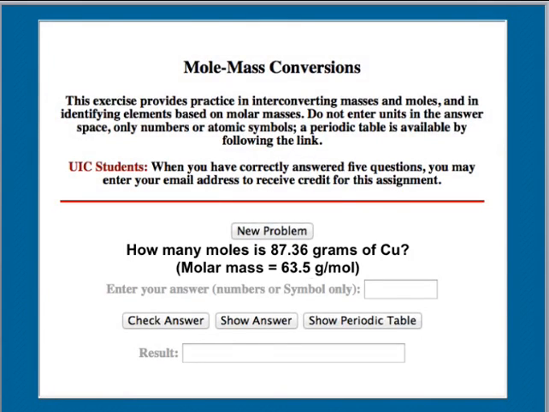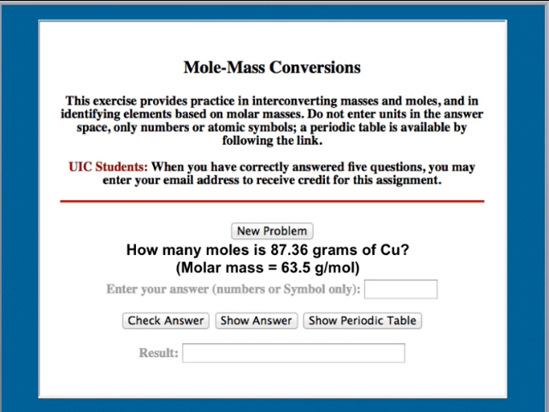This is the word problem version. But they're very simple though, not like density was. How many moles is 87 grams of copper? Now we are given that 1 mole of copper is 63.5 grams. So here is our given.